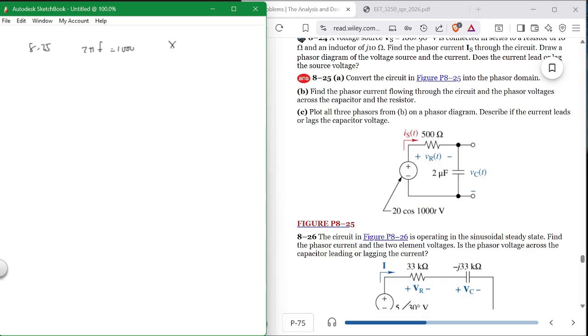So our x sub c is equal to minus j over 2 pi f c, or equal to minus j over 1,000 times 2 times 10 to the minus 6th, or it is equal to minus j over 2 times 10 to the minus 3, or 0.5 times 10 to the third times minus j, or minus j times 500. So that's that. So now we've got a balance of 500 and minus j 500.